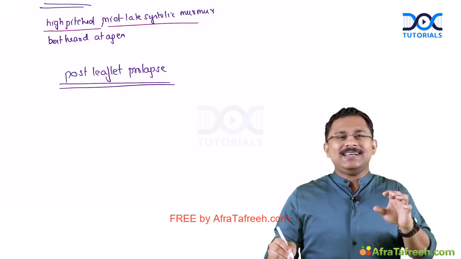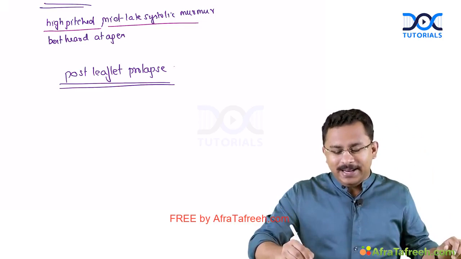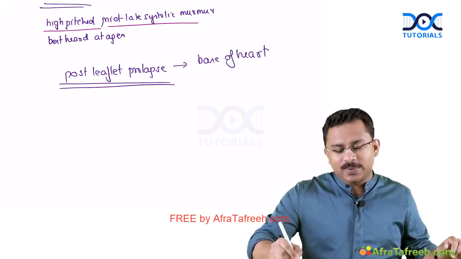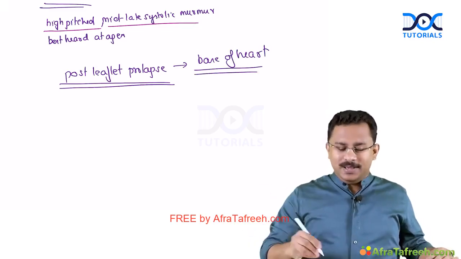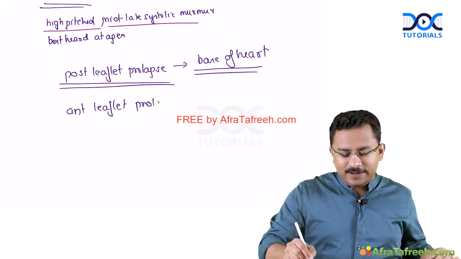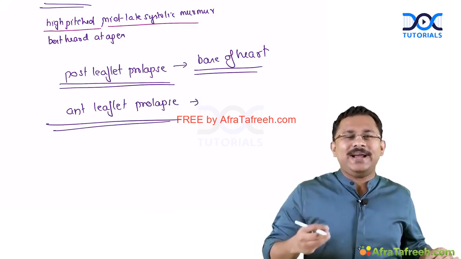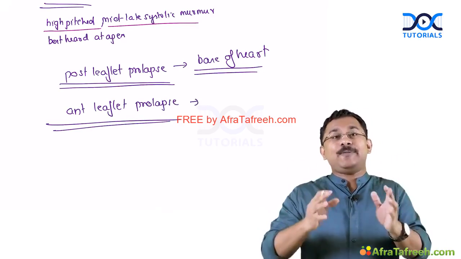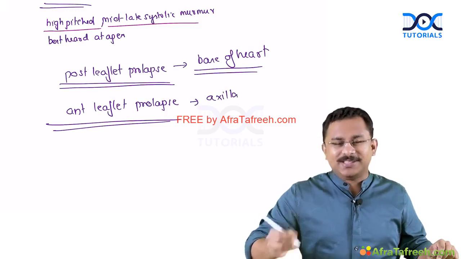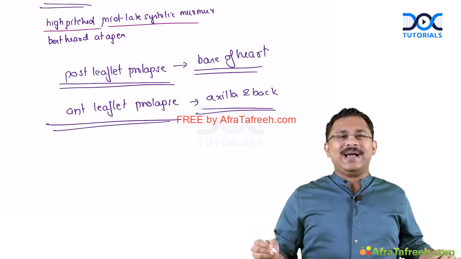In such a case, the jet of the mitral regurgitation is directed anteriorly and the murmur will radiate to the base of the heart. Whereas in case of an anterior leaflet prolapse, the jet of the mitral regurgitation is directed posteriorly and the murmur will radiate to the axilla and the back.